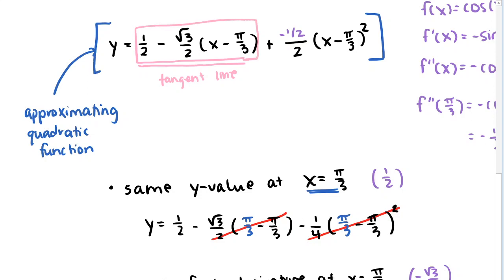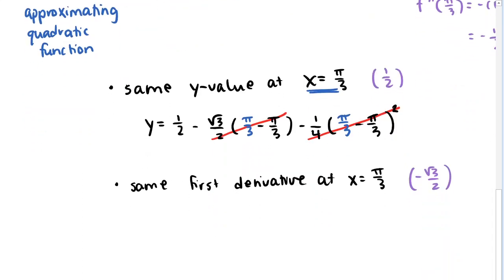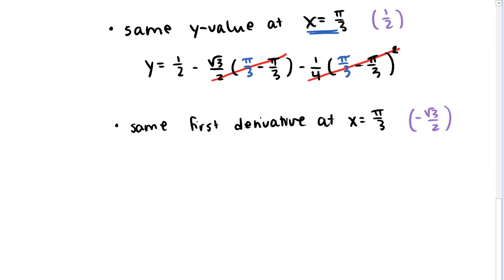We saw that this constant term vanishes, and we just got that negative square root of 3 over 2. And what we have left over to take the first derivative of is this quadratic part. So let me rewrite what we have so far. Here y prime is equal to, well, we're going to lose out on that constant term.